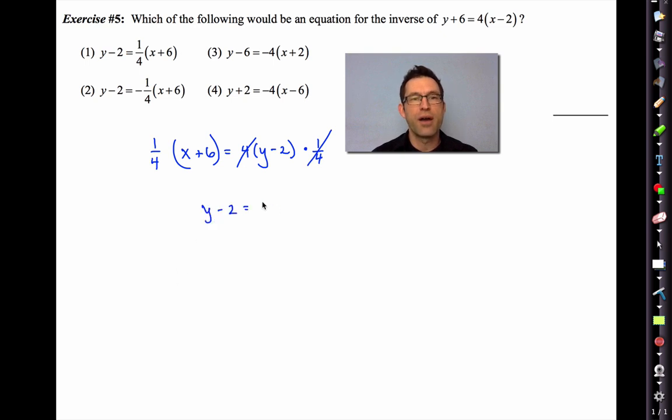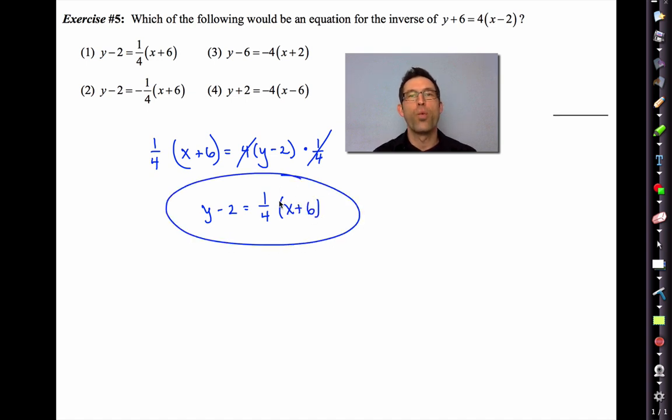And believe it or not, I'm done. Right, there it is. Y minus 2 is equal to 1/4 x plus 6. Same procedure. We switch x and y, and we solve for y.